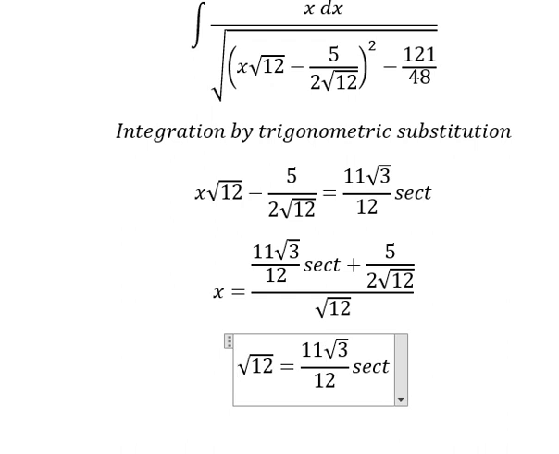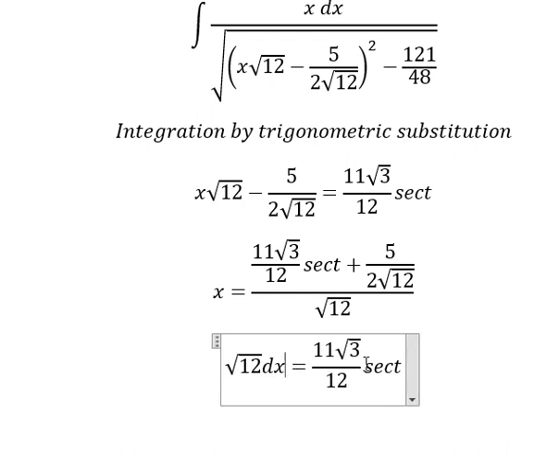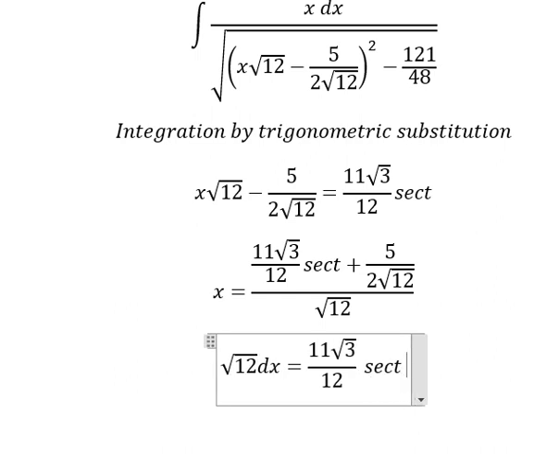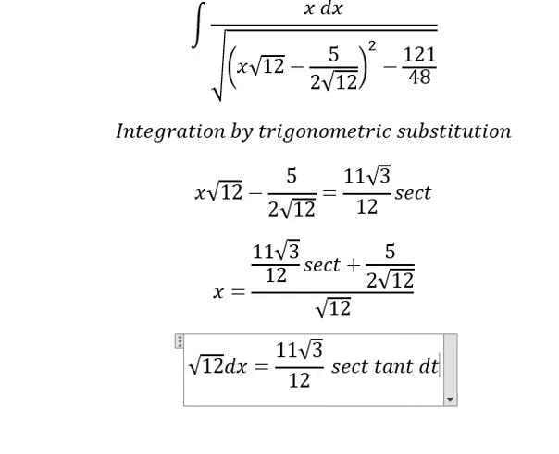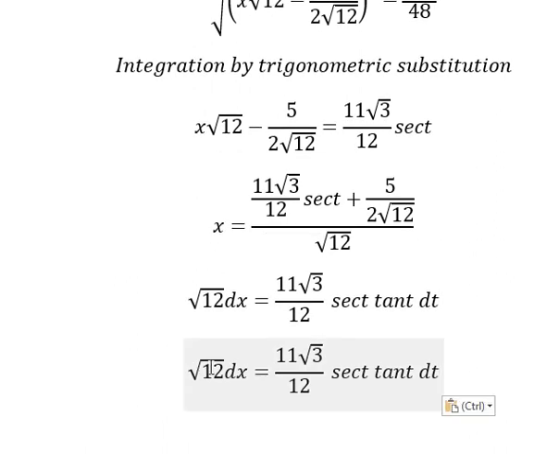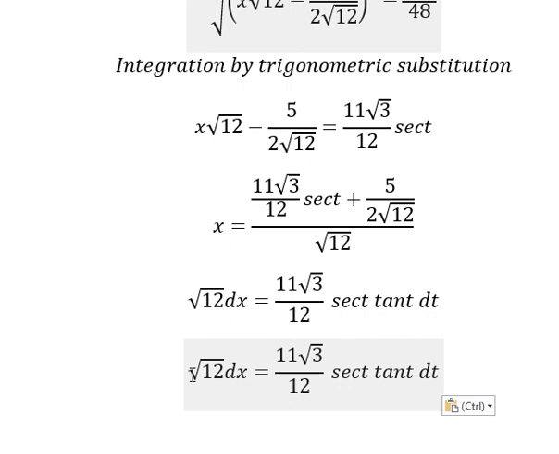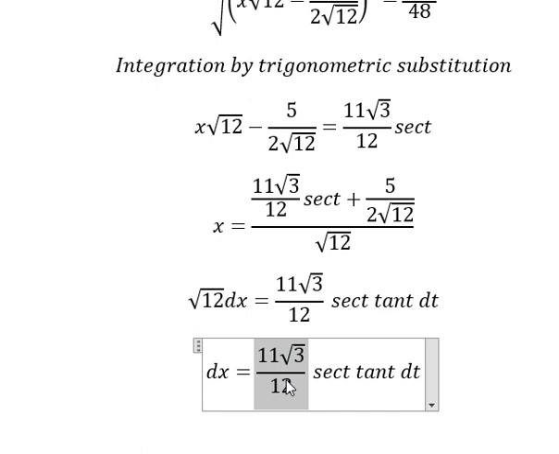This one we have number 1. This one that is about secant of t tan t dt, because we don't have the square root of number 12 in here, so we need to divide both sides by this one, and we have 11 over 24.